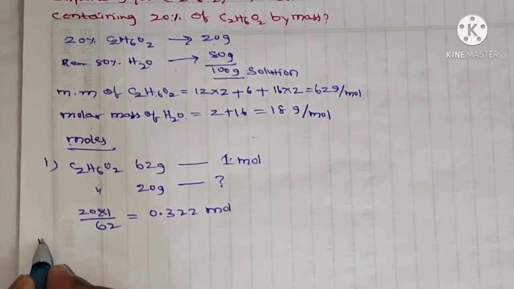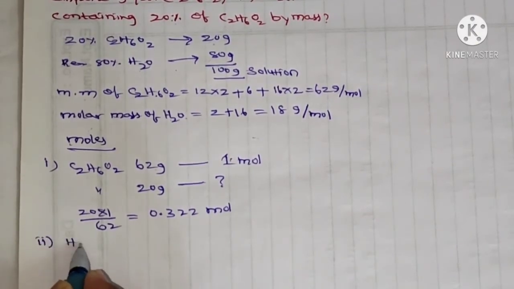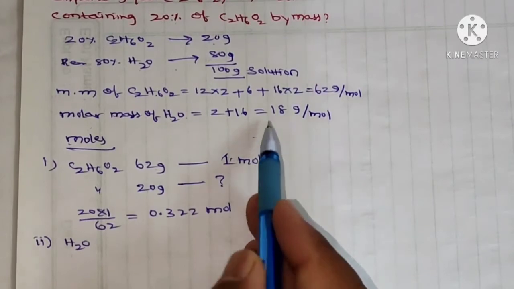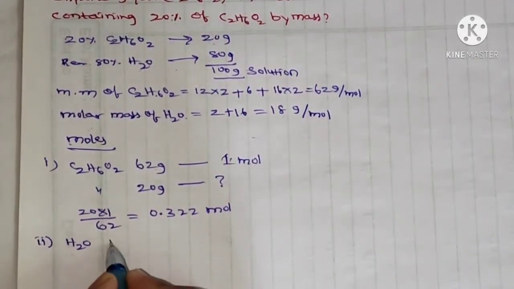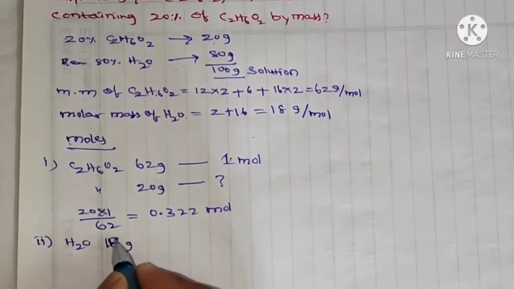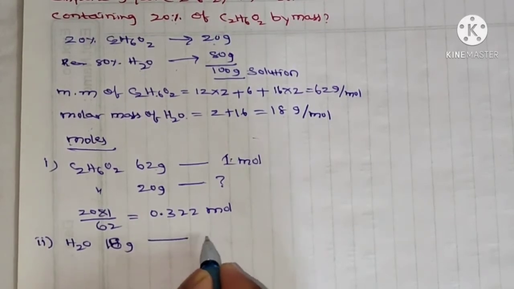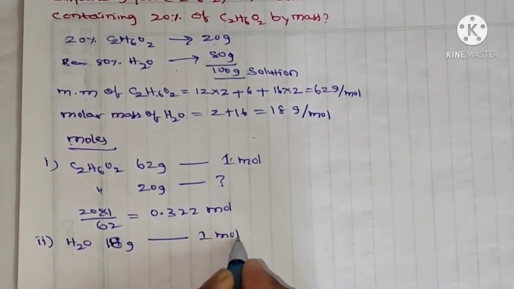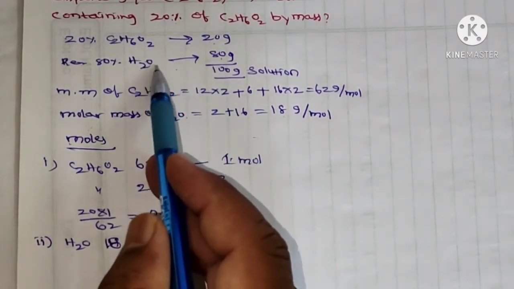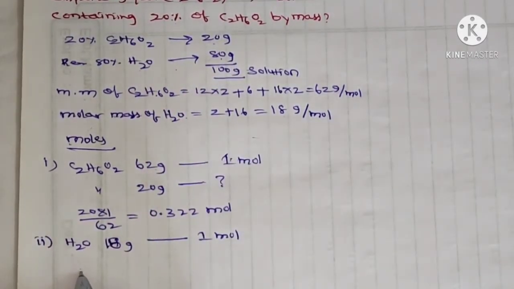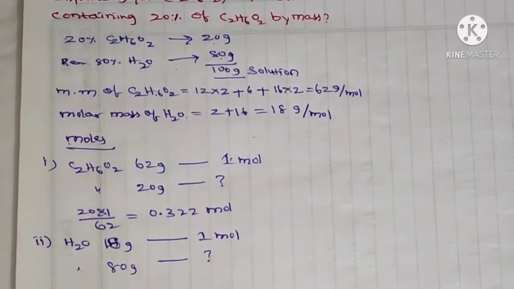And the second one, water. H2O molar mass is 18 grams per mole. So 18 grams of H2O is equal to 1 mole. But water, how many grams? 80 grams. So 80 grams of H2O is equal to how many moles?